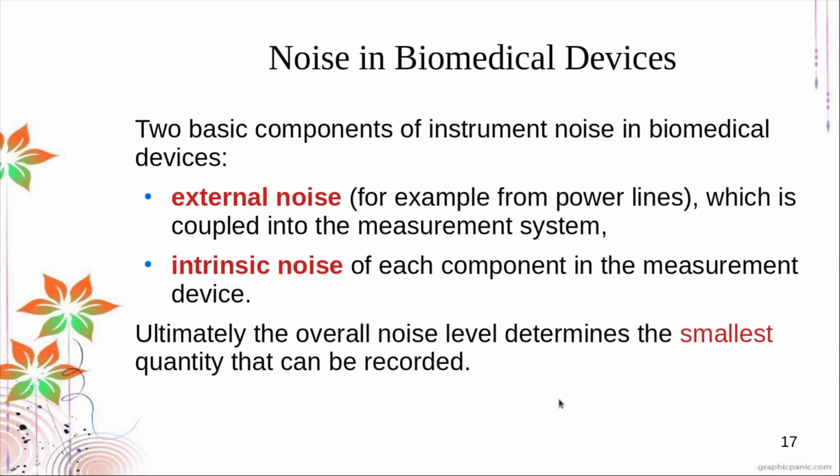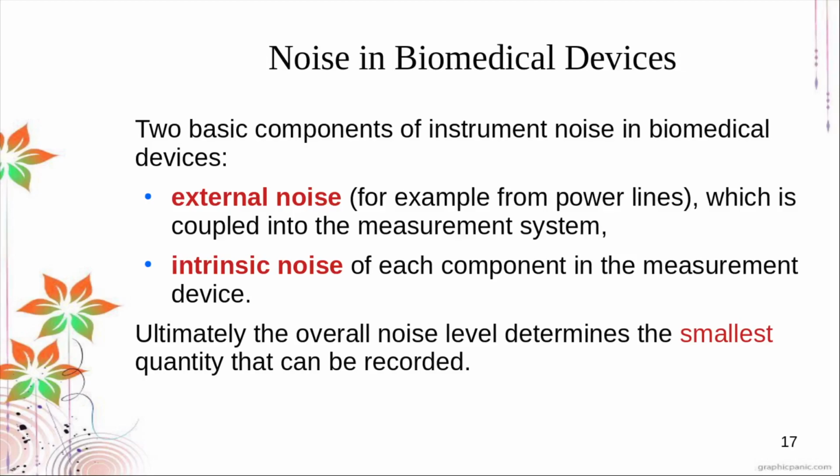So in sensors, and especially in biomedical devices, noise is inevitable. So there are two basic components of instrument noise in biomedical devices. You have the external noise, which usually comes from power lines, which is coupled into the measurement system, and the intrinsic noise, which is the intrinsic noise of each component in the measurement device.